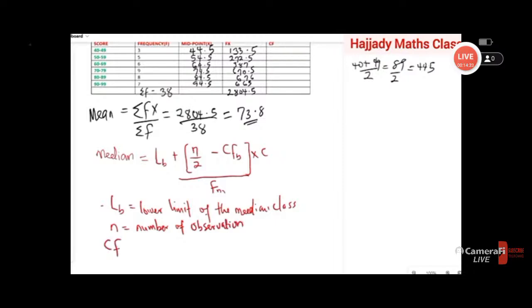We have our CFB to be the cumulative frequency before our median class. Sorry for using abbreviation. And we have our F subscript M, which is the frequency of the median class.